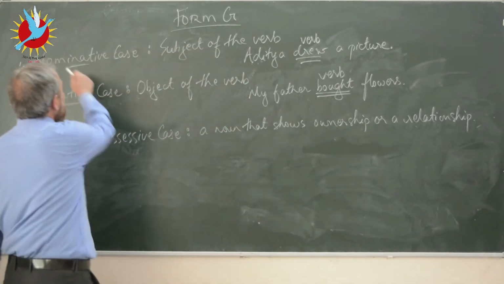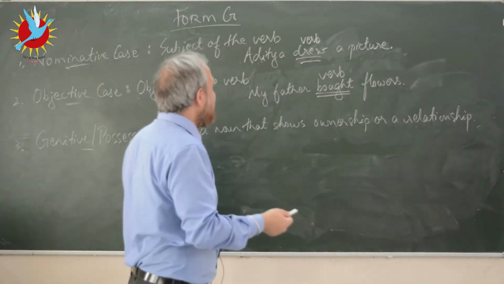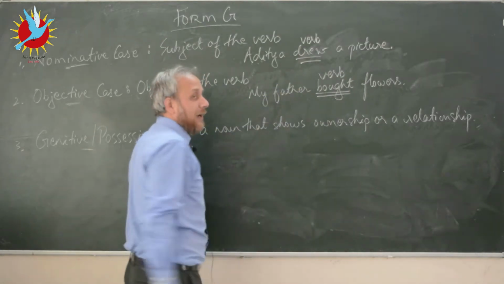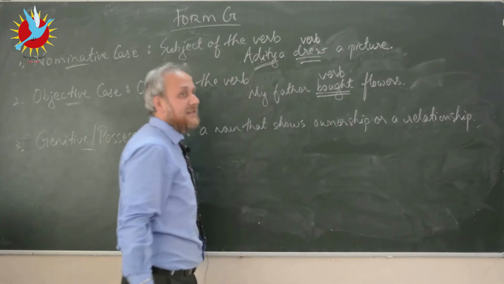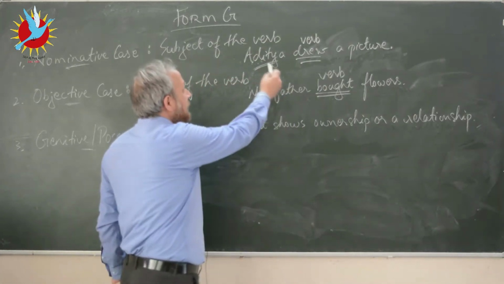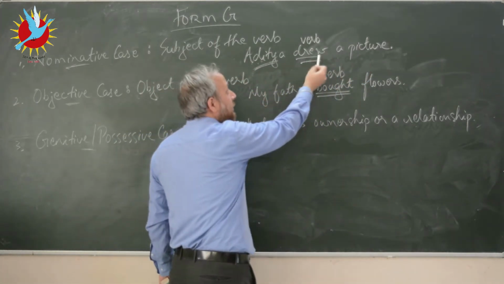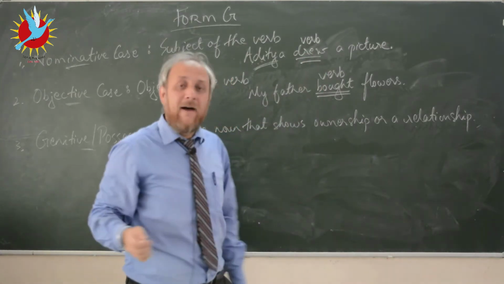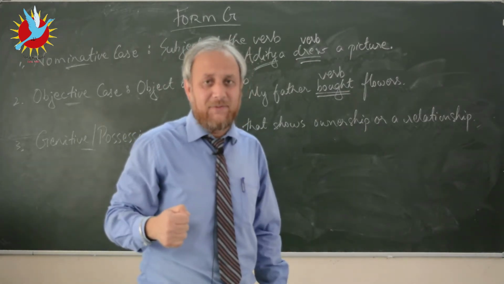We spoke about the nominative case of noun. Nominative case is just the subject of the verb, and the noun that is the subject of the verb is in the nominative case. There is an example sentence on the board: Aditya drew a picture. Which is the verb here? The verb is drew, an action word. Remember, verbs are action words or non-action words as well.